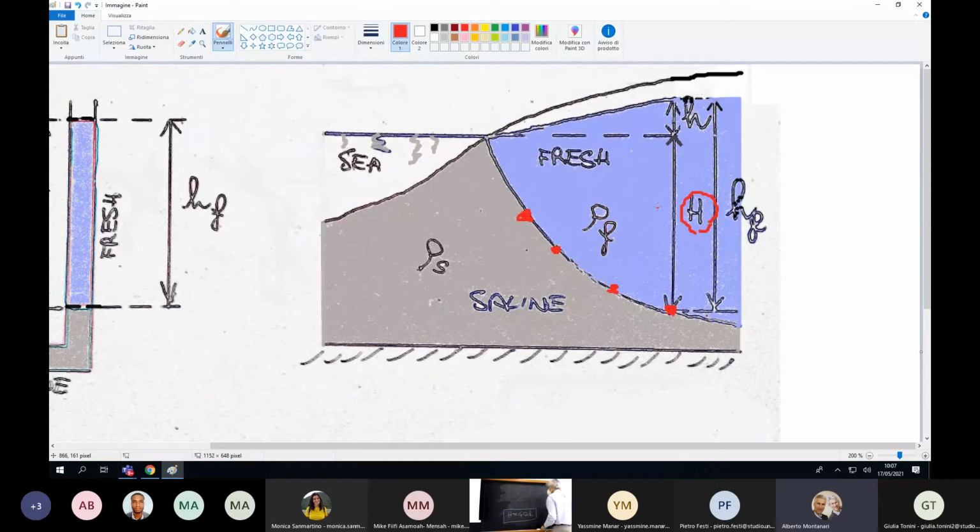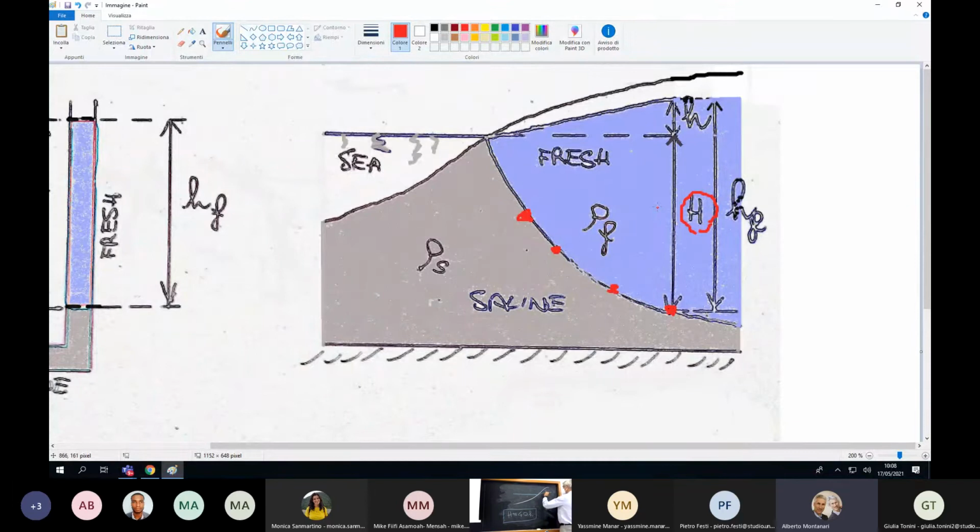So here we have our ground with the sea level here, and we have the fresh water here, okay? Let's suppose that I want to study the equilibrium along this vertical line.